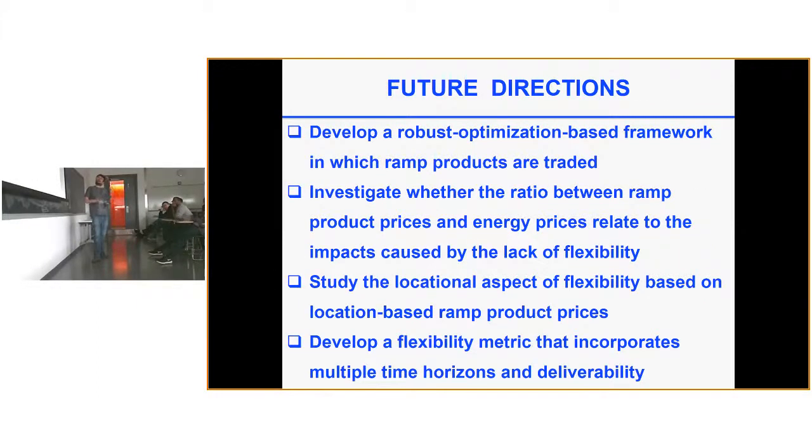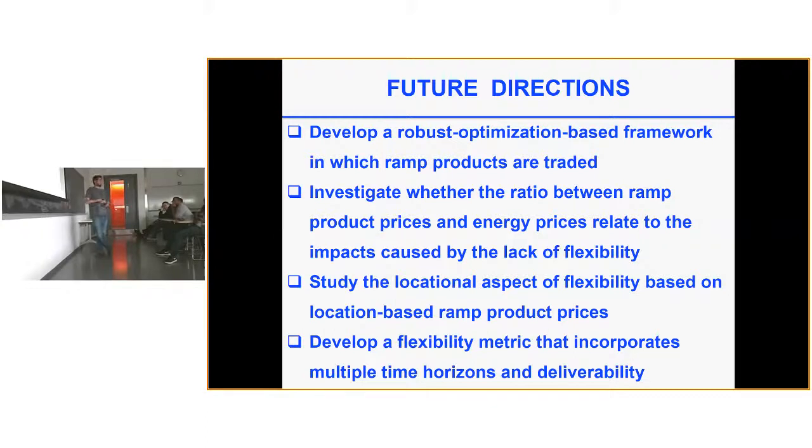And so what we're trying to achieve is to develop this framework, which is based on robust optimization. So we do want to make sure that there is a region where the dispatch may lie within, and say, well, based on the prices of the ramps and the prices of the energy itself, can we compute metrics that relate to the impacts of flexibility? So this metric has to increase, and then we have to see also the increase in the flexibility impacts.